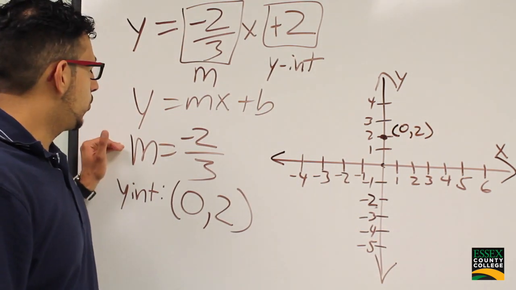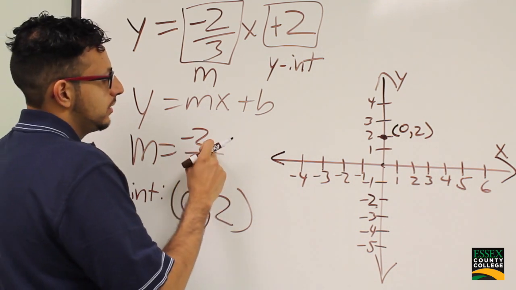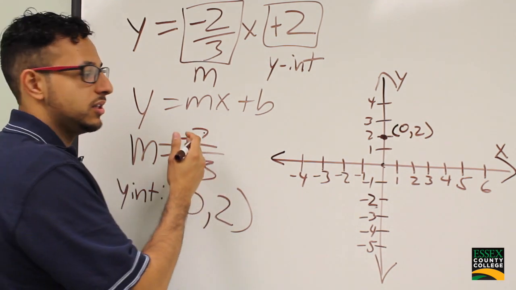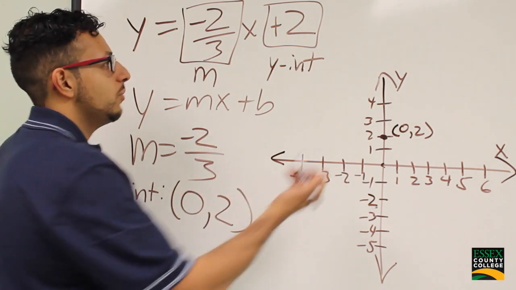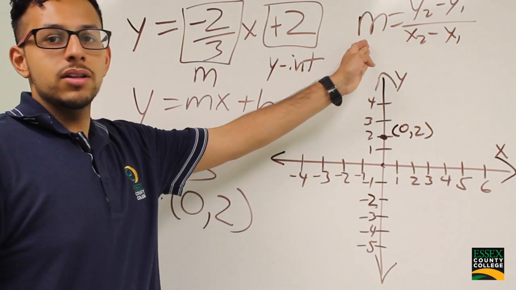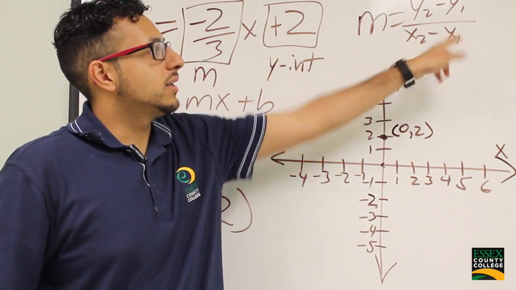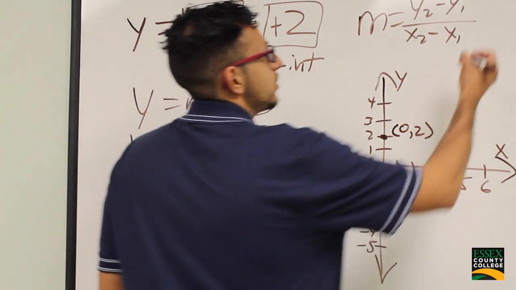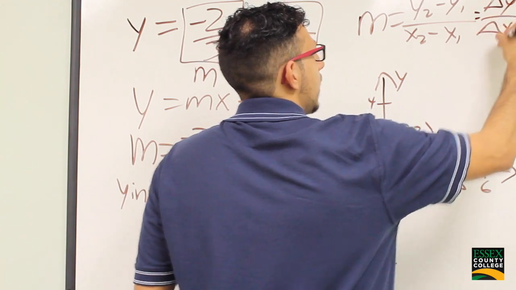Now I use the slope. The slope is going to help me draw the line. If we remember the slope formula, it's y2 minus y1 over x2 minus x1, or simply the change in y over the change in x.